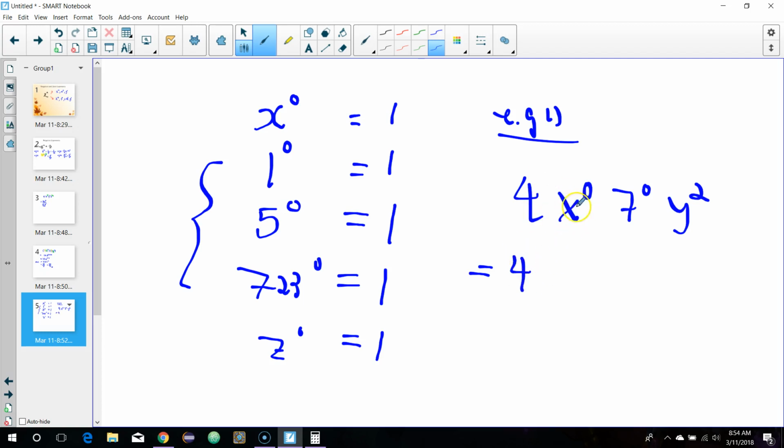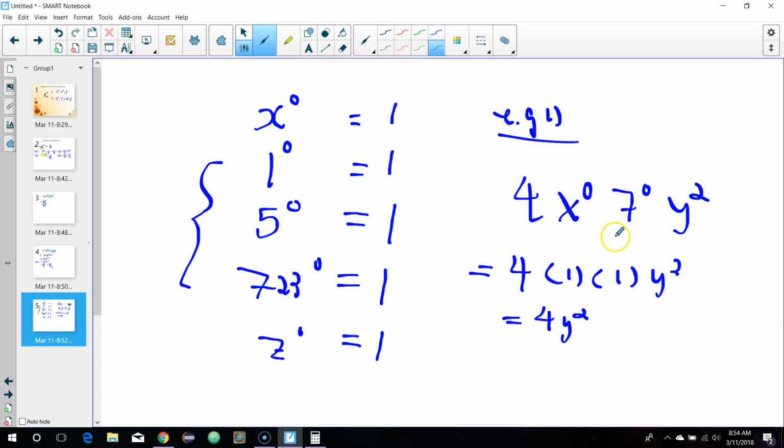X to the power of 0 means it turns into a 1. 7 to the power of 0 turns into a 1. Y to the power of 2 stays way over there. So 4 times 1 times 1 is just 4y squared. Okay, it makes your life a little bit easier instead of writing those x to the power of 0.